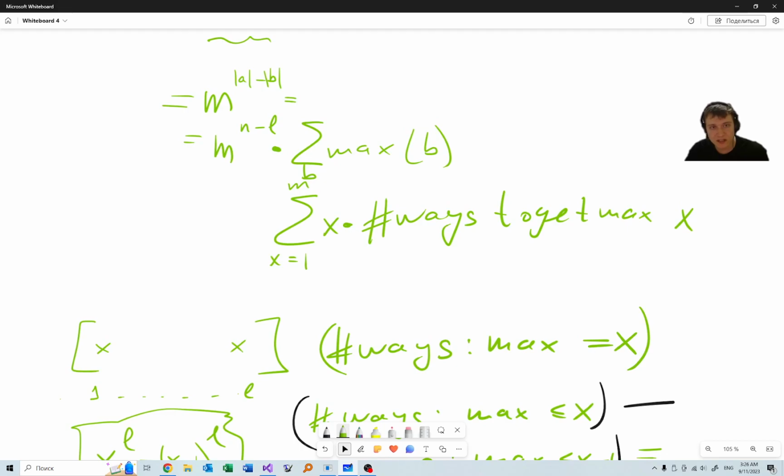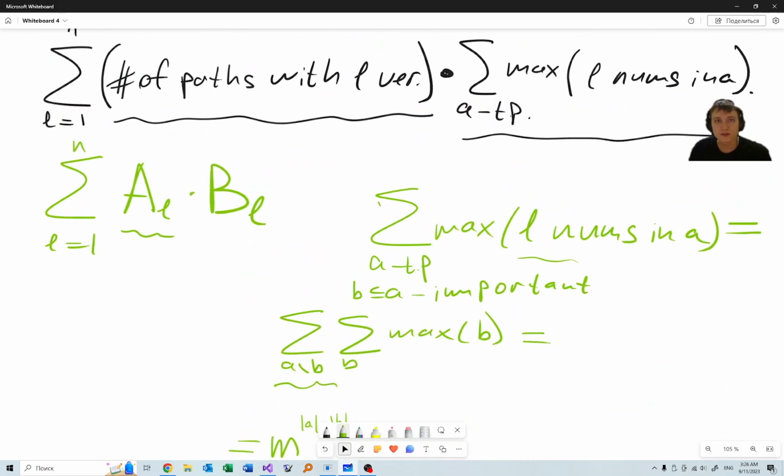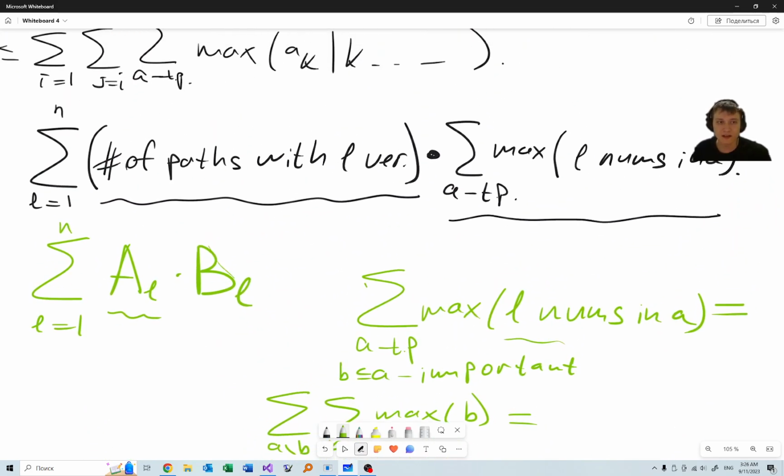And in each case, you multiply x by x to the L minus x minus 1 to the L. Okay? I actually simplified it a bit during the contest, but I think there is no need. This is also quite simple. So now you can calculate B_L for all L that you need.